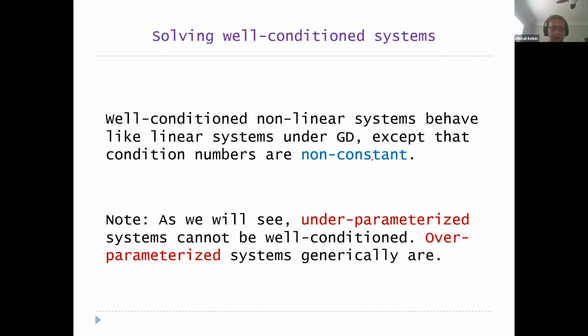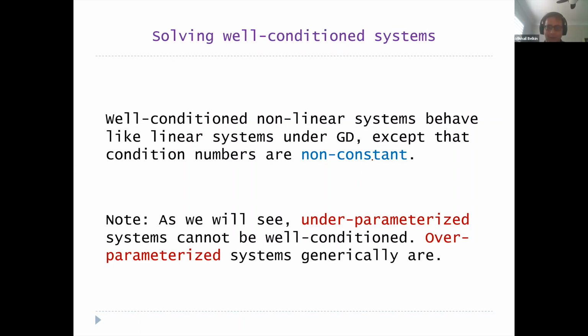So maybe that's the summary of this: well-conditioned nonlinear systems, by well-conditioned I mean that lambda min is away from 0, behave like linear systems under gradient descent, except that their condition numbers are non-constant. That's nice, because even though the systems can be highly nonlinear, we can just think that we're solving a system of linear equations by Richardson iteration or whatever you call this.